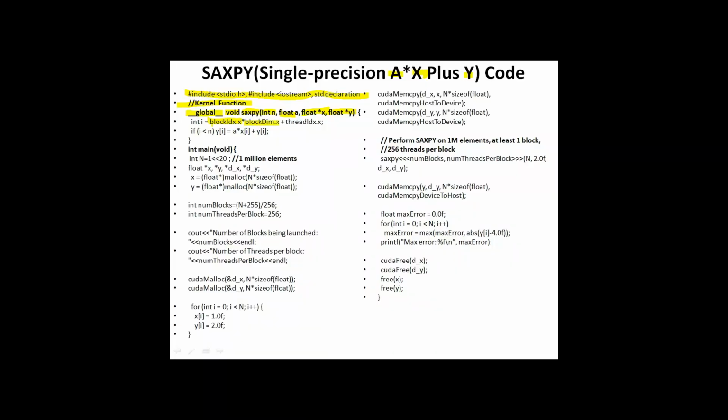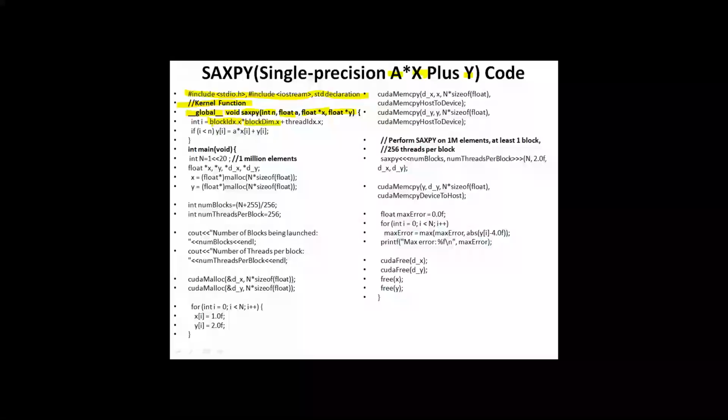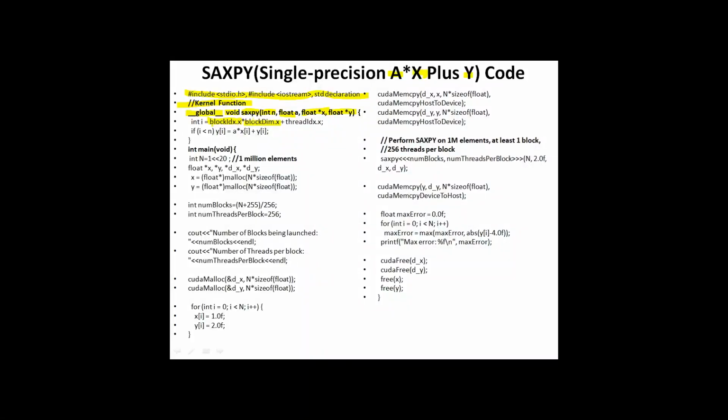Second, we are using blockDim.x, x means x dimension only. So blockIdx.x is the x index of the block, and blockDim means dimension of the block, that is the number of threads in the block, right? And threadIdx.x, that is the index of the thread within the block only.